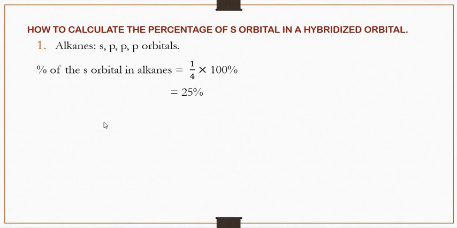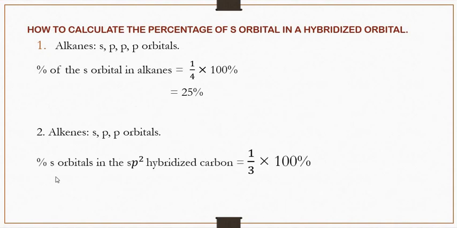Now for alkenes, you know that one s orbital and two p orbitals come together to form sp2 hybridized orbitals. So we are looking at the percentage of s orbital in the sp2 hybridized orbital.